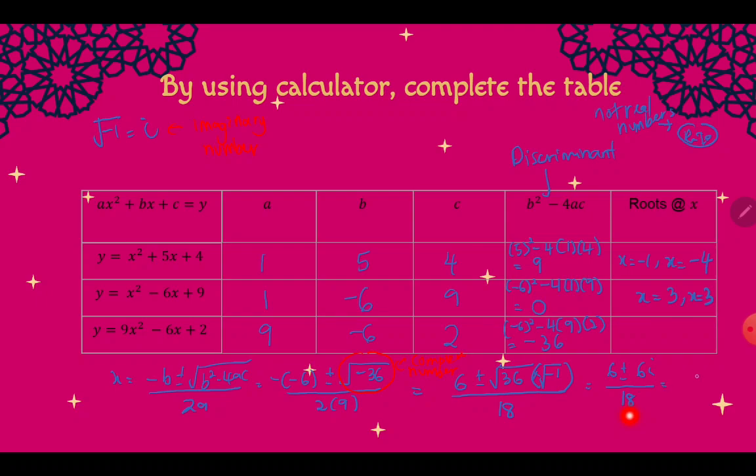In which we actually have two values: 1 plus i over 3, and the other one is 1 minus i over 3. So the roots are these.